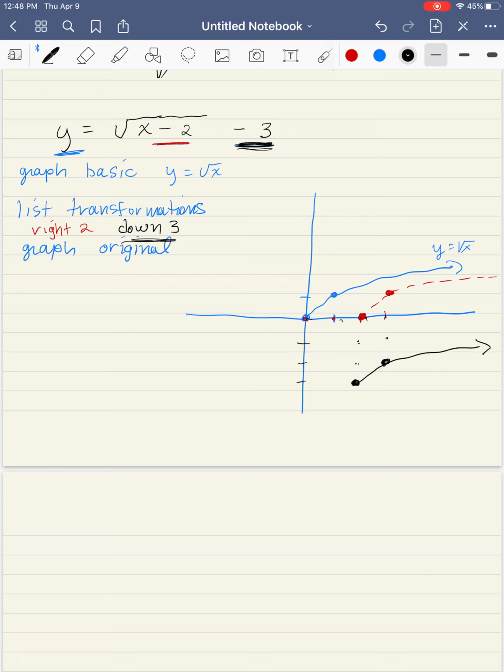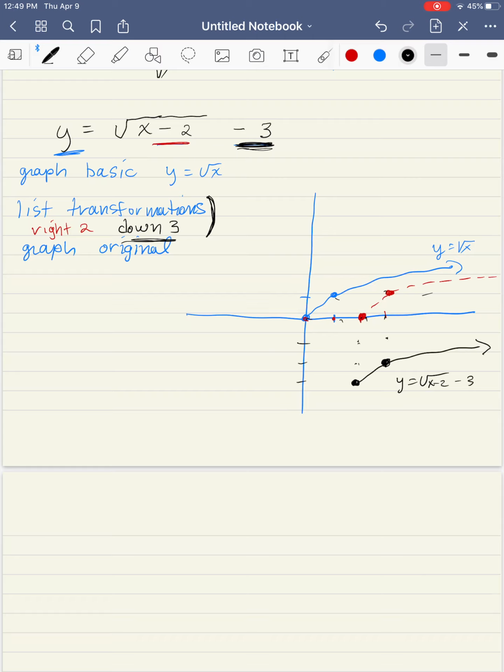If you want to do both shifts at once, you could go over 2 and then down 3, over 2 and then down 3. But while you're practicing, you might find it easier to go ahead and draw that intermediate one. And so this graph is my y equals the square root of x minus 2 minus 3. The main thing to remember on these is to write each of your transformations separately and then do that transformation separately.